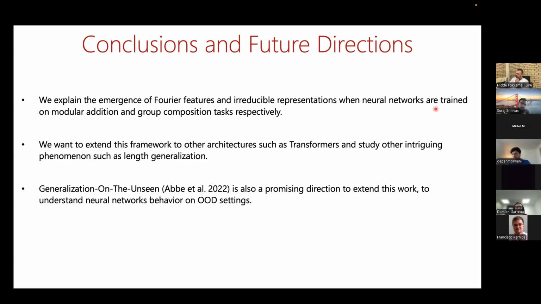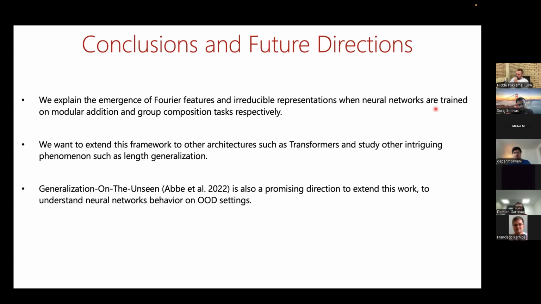I guess there has been a recent work on something called generalization on the unseen, which is basically when we split the training data set into two parts, where we explicitly leave out certain information of certain coordinates or certain subspace, and then some people have shown what neural networks tend to fill in that space with.